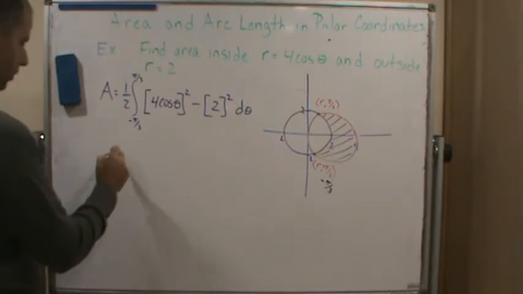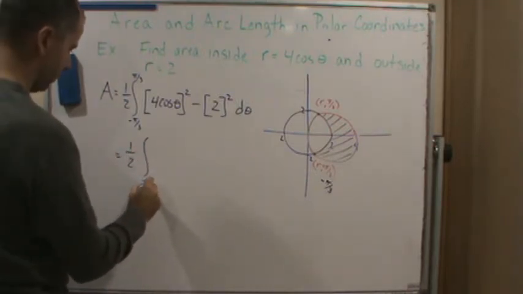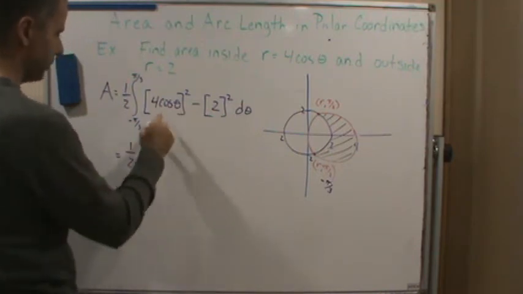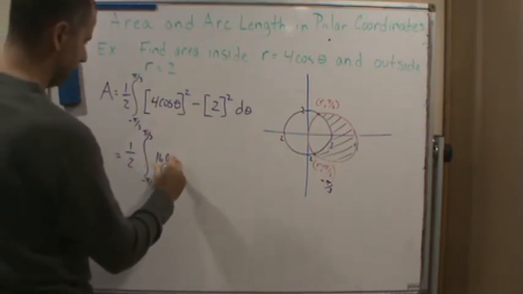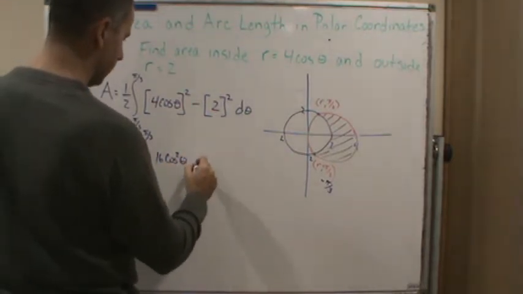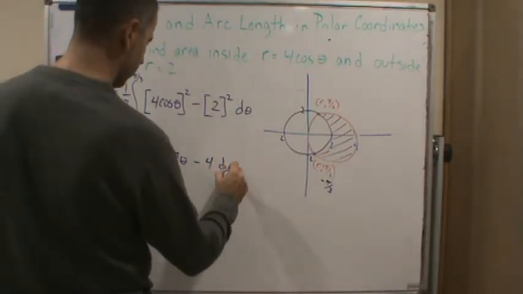Okay, and so let's simplify this. This is going to be 1/2. We're going to go negative pi over 3 to pi over 3. And so this is going to become 16 cosine squared theta, right? Minus 4 d theta.